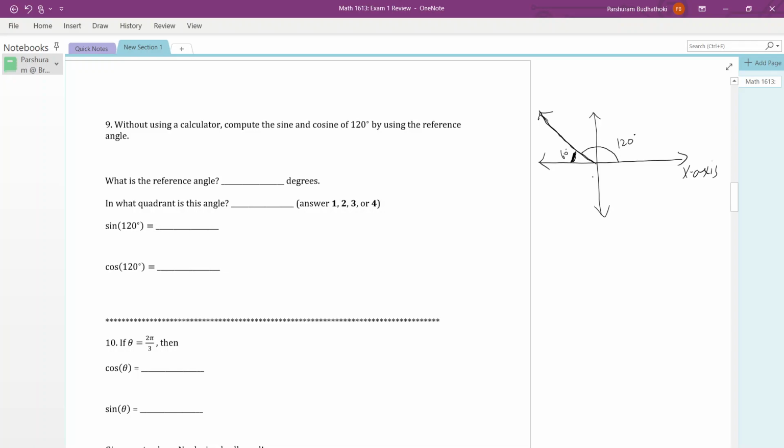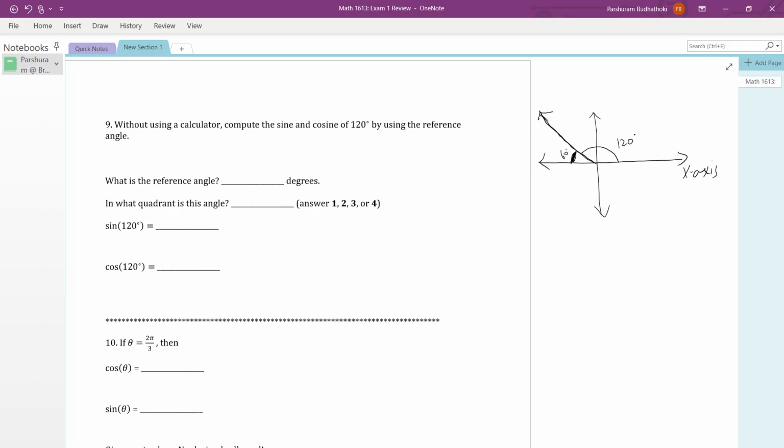So now to find the value of a trig function for 120 degrees, we can also use the value of that same trig function for 60 degrees. But you have to understand that the value of any trig function for 120 degrees would be either plus or minus the very same trig function for 60 degrees.